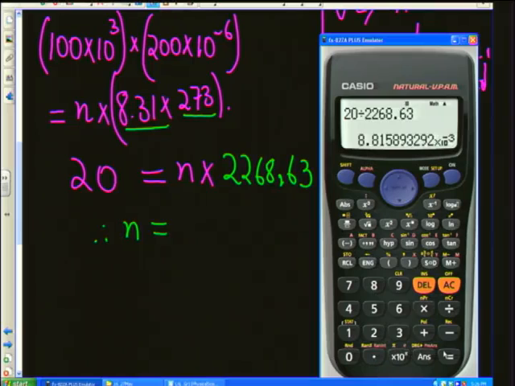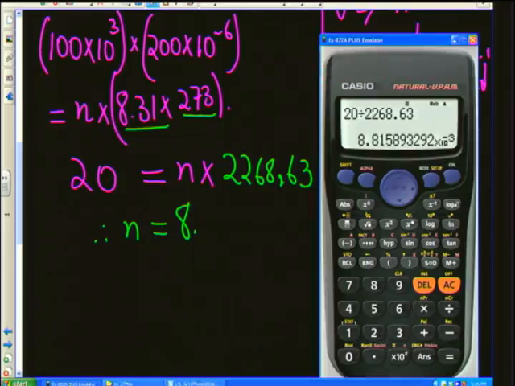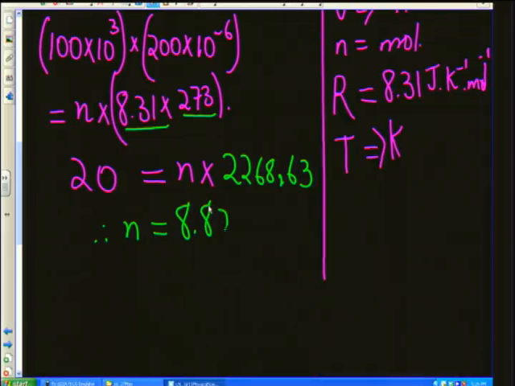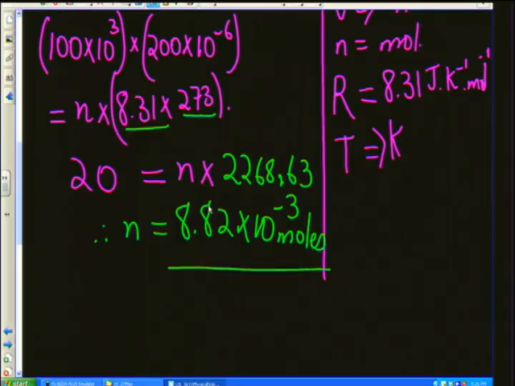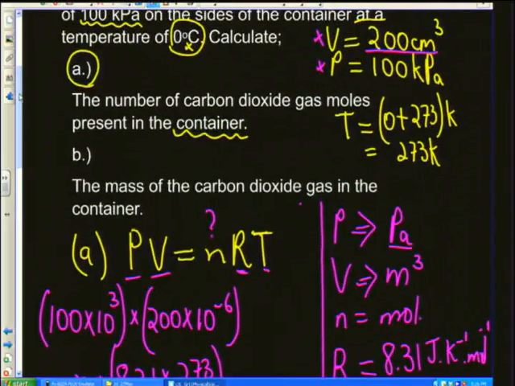That gives us 8.82 times 10 to the power minus 3. What is this? This is moles. So I have now found the number of moles present in that container.